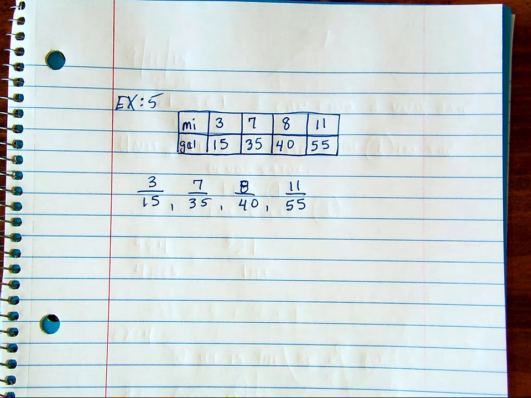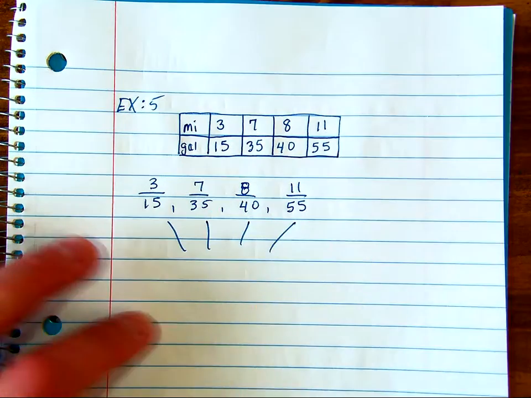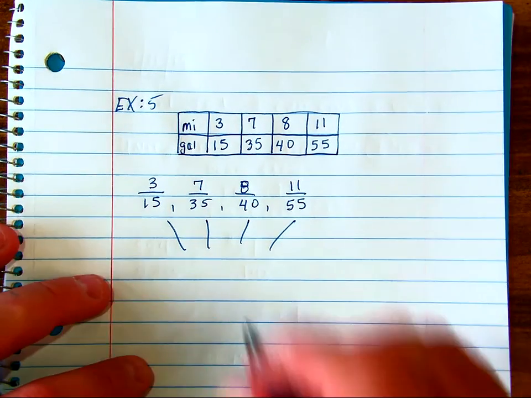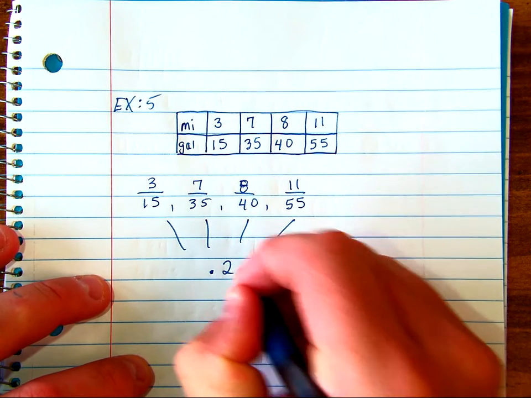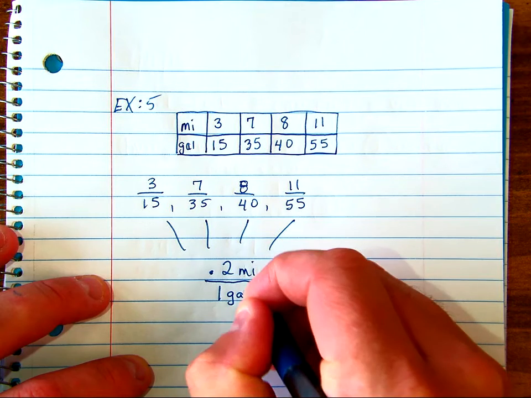Alana? Every single one of those. When I type it into my calculator, I get 0.2 miles per 1 gallon.